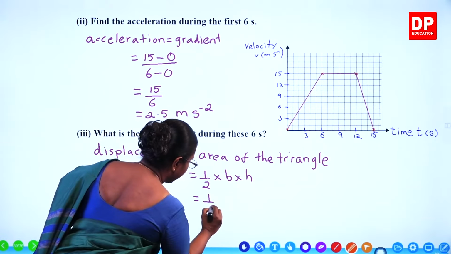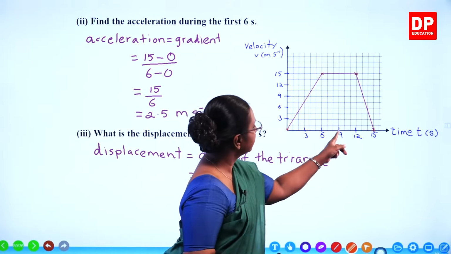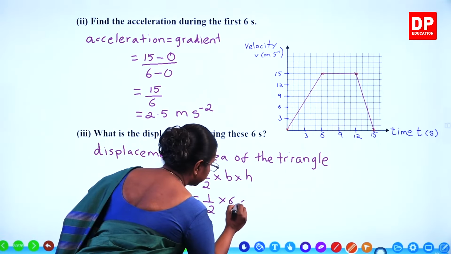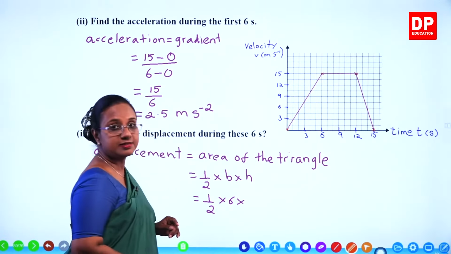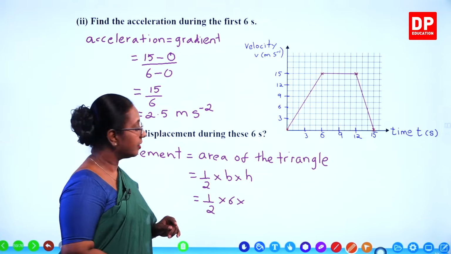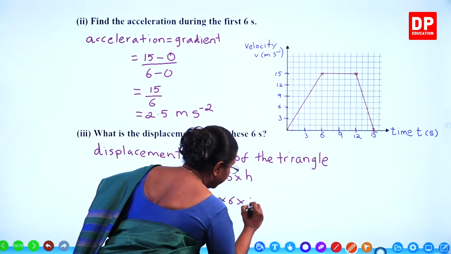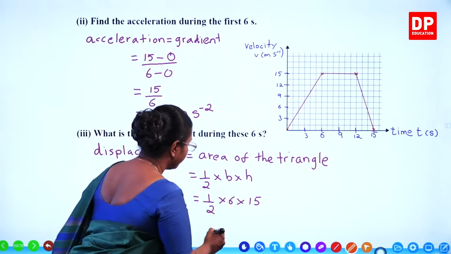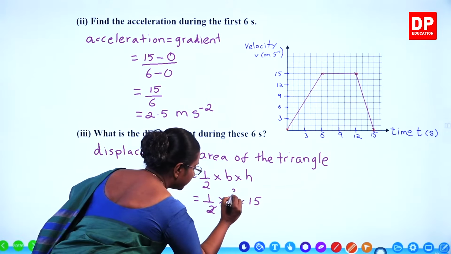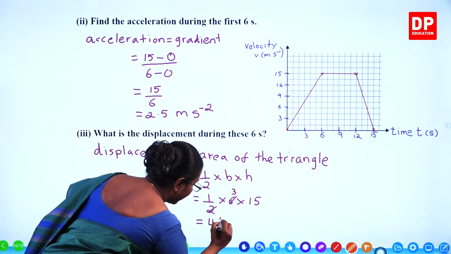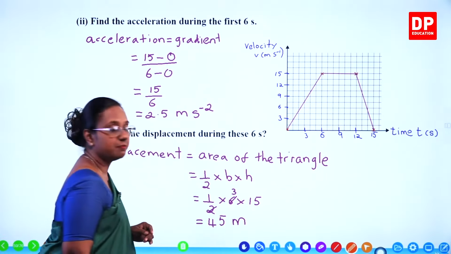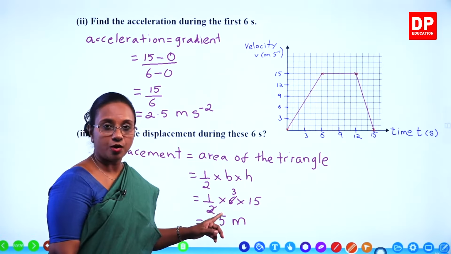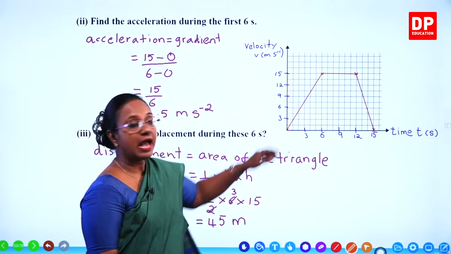If we substitute the values, half, base is the time, that is 6, and the height is the maximum velocity obtained by the object, that is 15 meters per second. So half into 6 into 15, you can simplify this equation and you will get the value as 45 meters. So 45 meters is the displacement of the object with uniform acceleration.